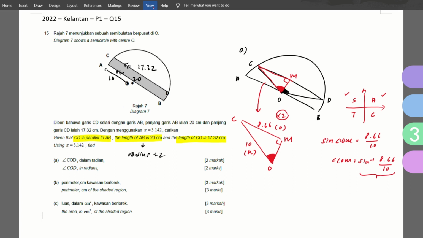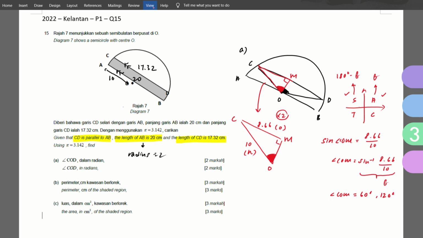If the value calculated here is labeled theta, then for this quadrant it is always the original value theta, but for S you need to calculate 180 degrees minus theta. You will get 60 and 120.